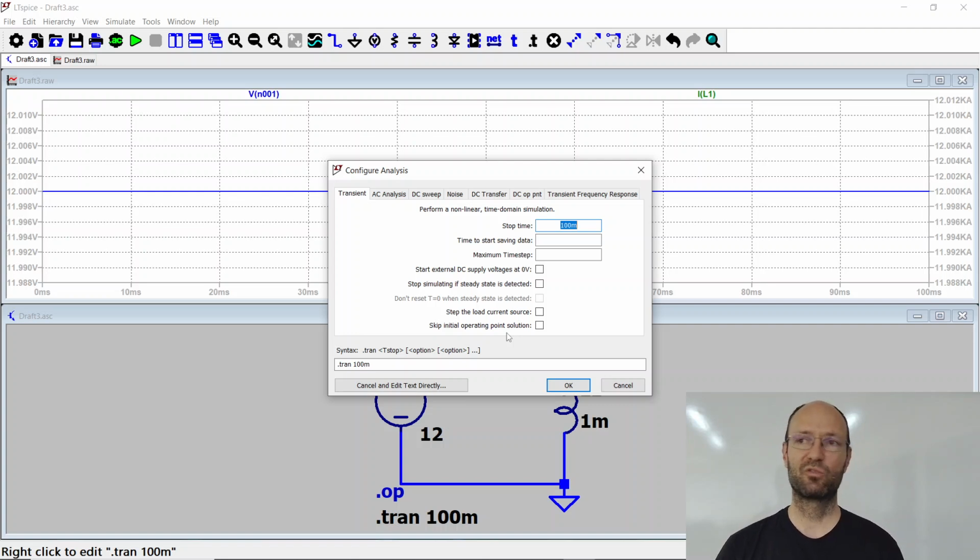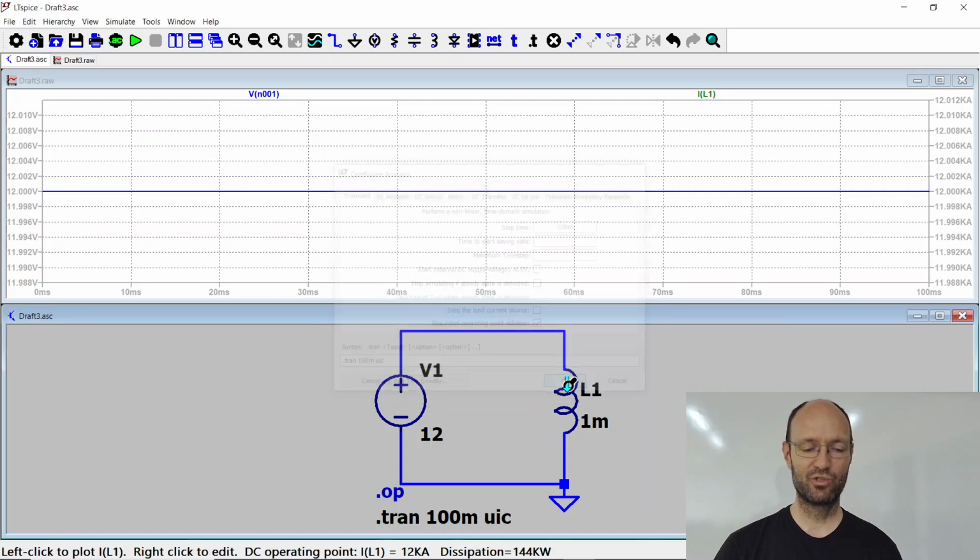What would happen if the source is switched on already for an infinite amount of time? And so if we hit this button, this tiny setting should make a huge difference.